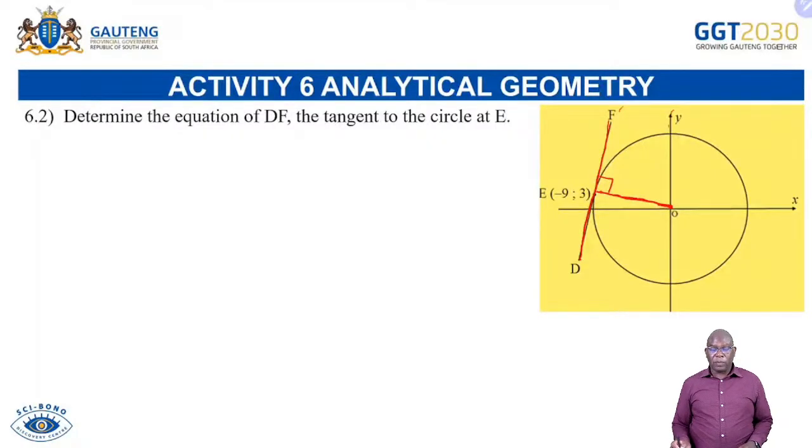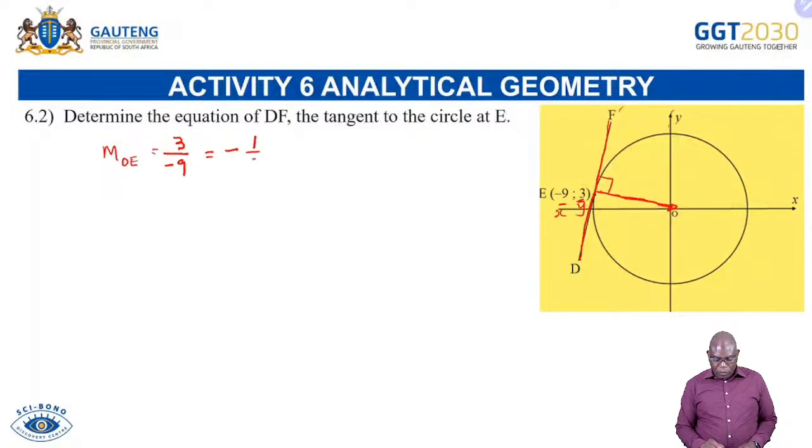I'm starting with the gradient of OE, which is 3 over 9, y value over x, as long as it's coming from the center. So it's 3 over negative 9, which is negative 1 over 3.